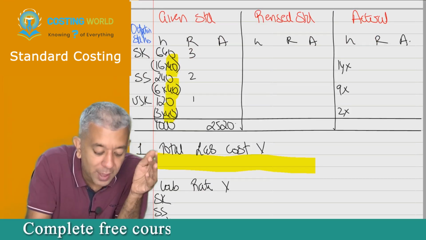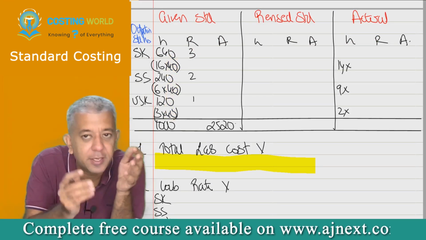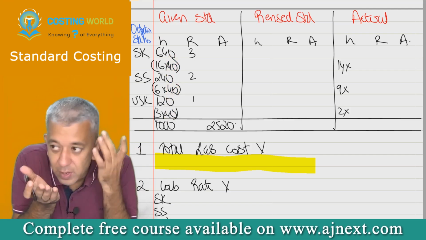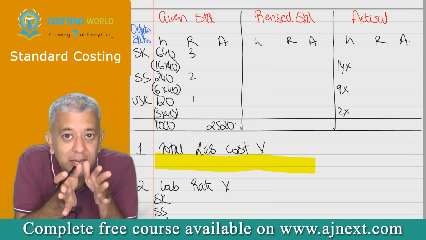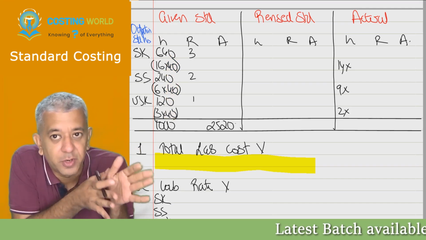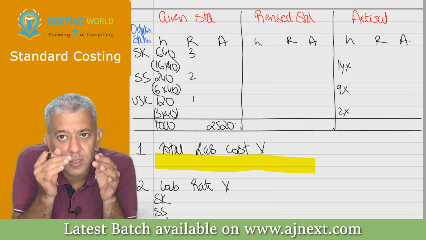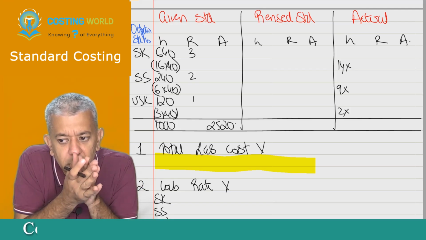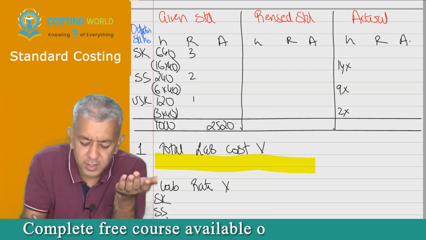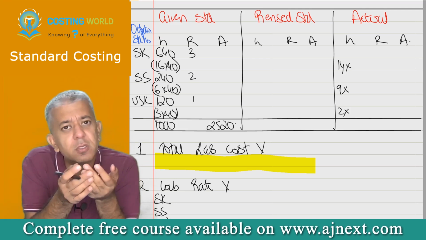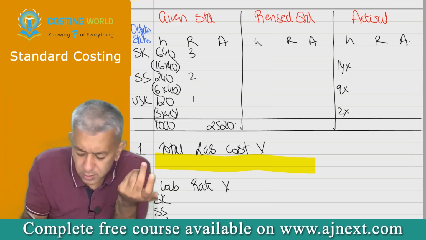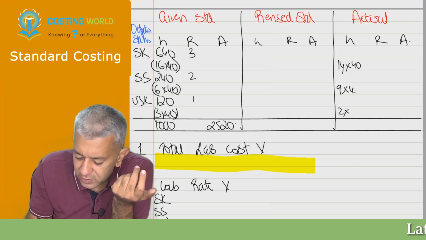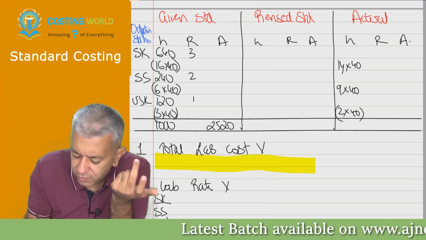I've written 'should have', meaning this should have happened, meaning standard data. And if nothing else is given to you, workers would have worked for 40 hours here. So in reality, 14 workers, 9 workers, 2 workers would have worked for 40 hours.